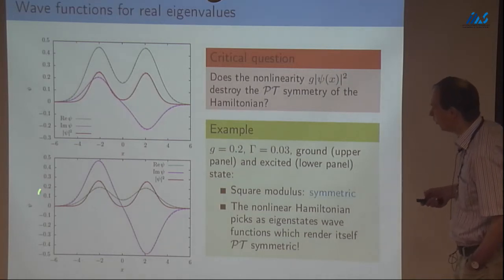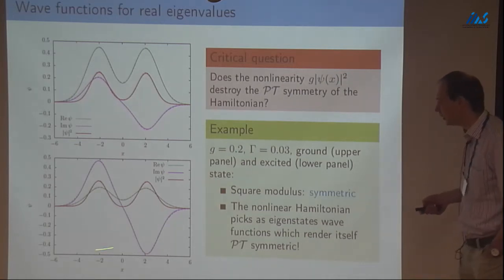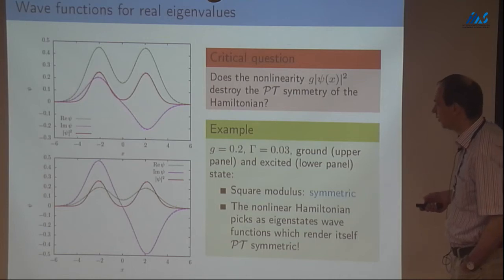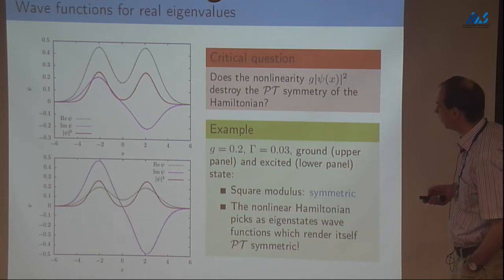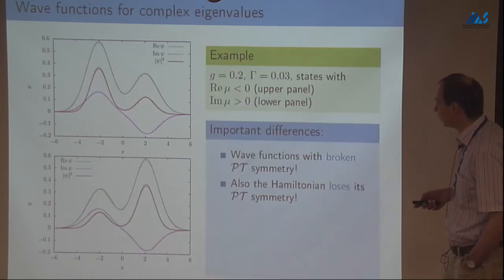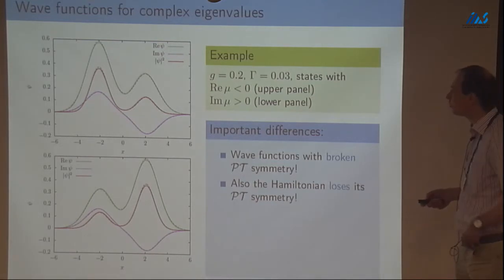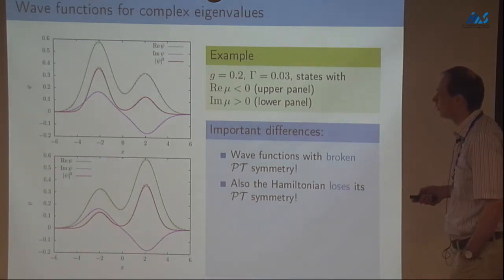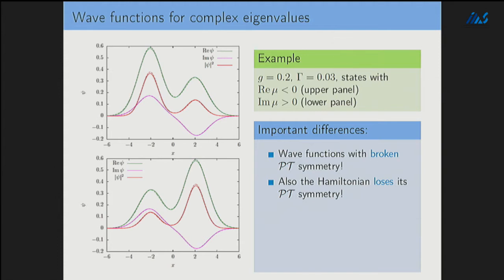The same can be found for the excited state, for the other real solution, where we have again the same structure, and in particular a square modulus which is a symmetric function of x. This situation changes for the solution with complex eigenvalues. Here we have a completely different structure. We have wave functions which have no special symmetry, so also no special symmetry of the square modulus.